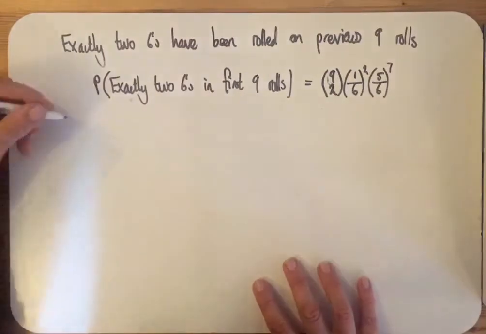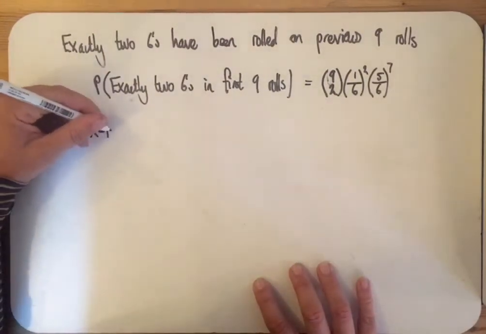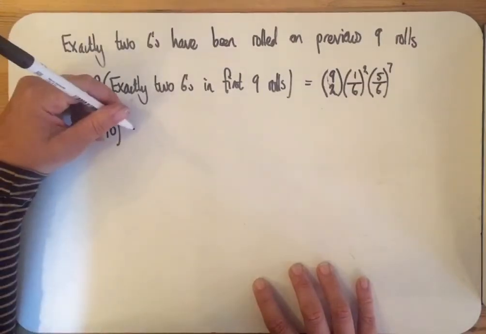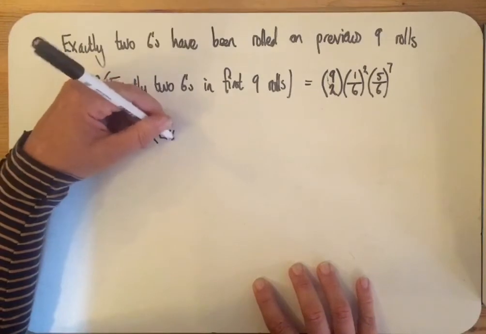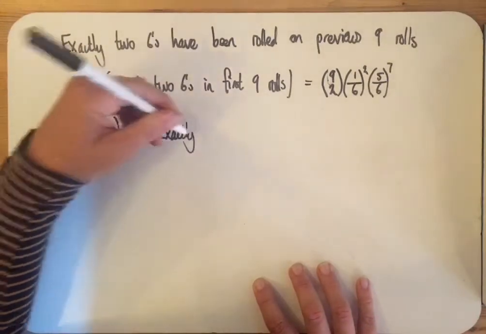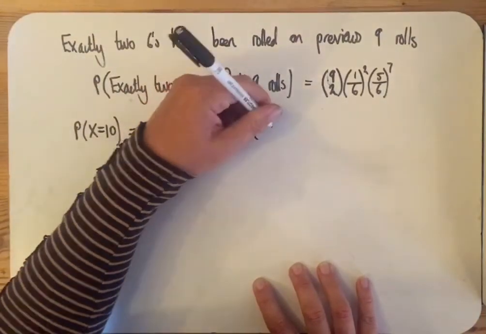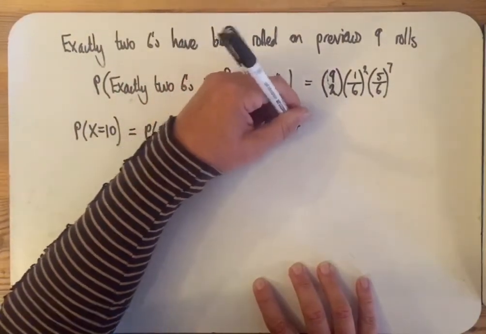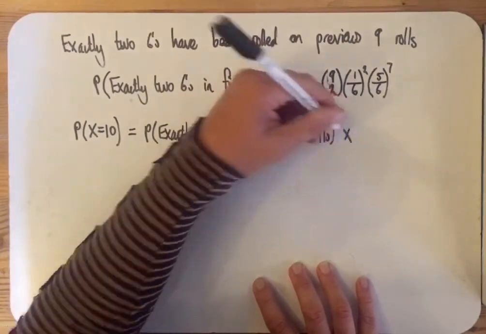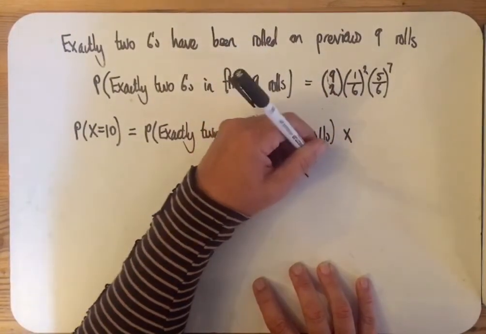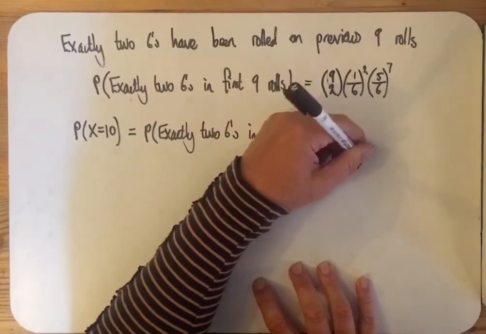So the probability that X equals 10 is equal to the probability of exactly 2 sixes in the first 9 rolls, times the probability of getting a 6 on the 10th roll.